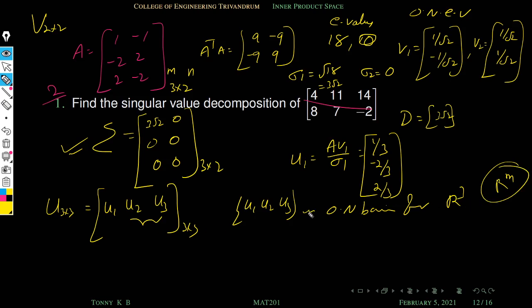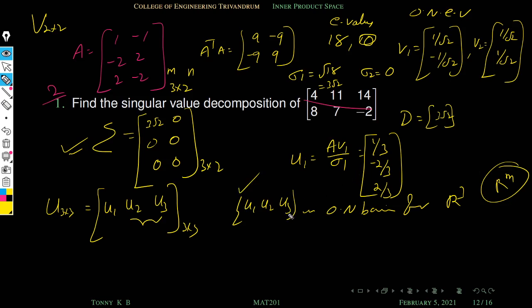So we have to construct an orthonormal basis by extending U1. Normality is easy; by normalization we can easily find unit vectors. But how to find orthogonal vectors? A set is orthonormal means they are mutually orthogonal and all the vectors are unit. U1 already qualifies, since U1 is a unit vector.